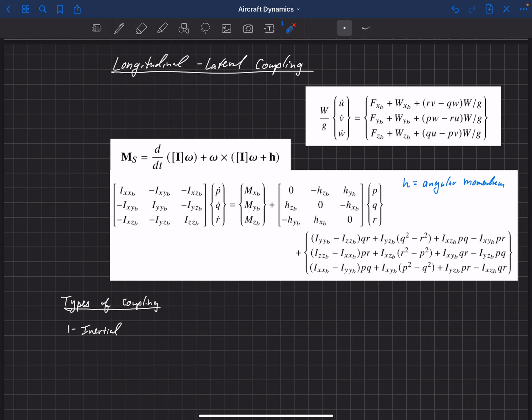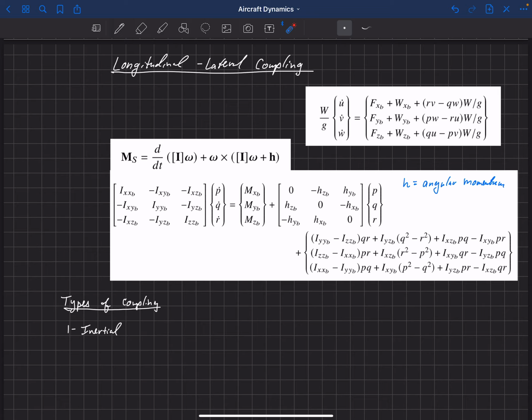It gives us a pitching moment, so to speak. And the same here with YZ times our change in yaw rate, right? So those two couple to create something about the pitch axis there. So that's an example of inertial coupling.